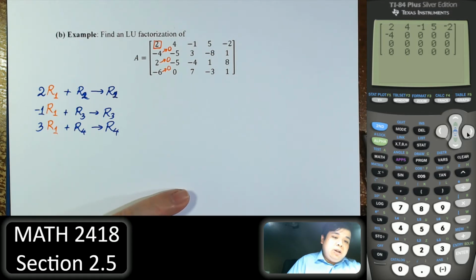Negative 4, negative 5, 3, negative 8, and 1. 2, negative 5, negative 4, 1, and 8. Negative 6, 0, 7, negative 3, and 1. Let's check.